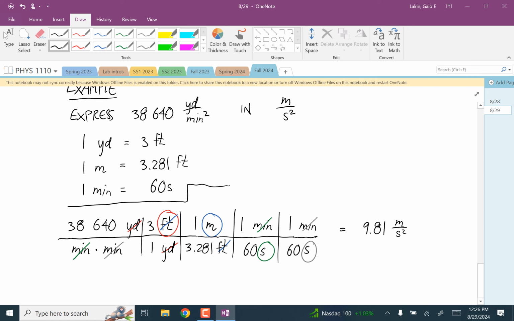This is perfectly fine as a first physics class, but I know some people have taken physics before, like in high school or whatever. Anybody recognize what that is, 9.81 meters per second squared? Yeah, that's right. That is the acceleration of any object in free fall as long as there is not significant air resistance.